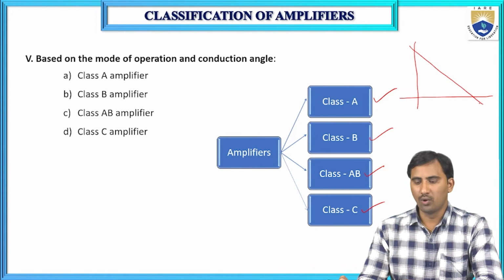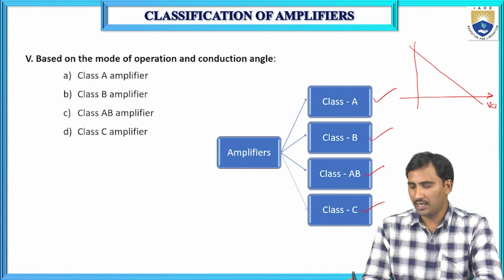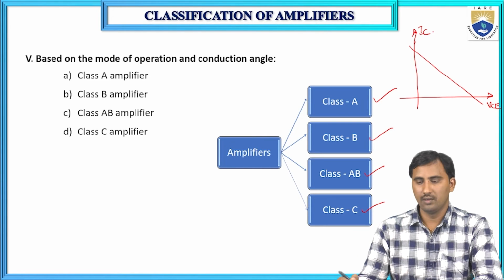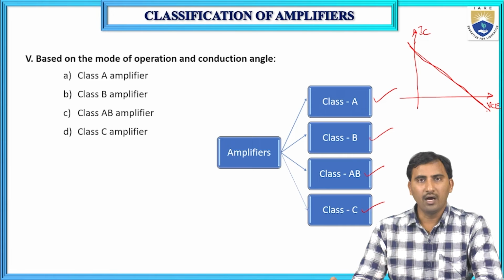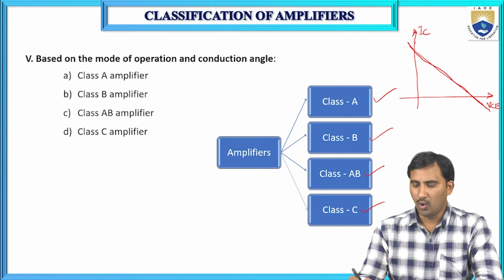This is a DC load line. On the x-axis we are taking VCE, and on the y-axis it is IC. So it is a DC load line. Okay. So if the operating point is located on the center, such type of amplifiers are called class A power amplifiers.